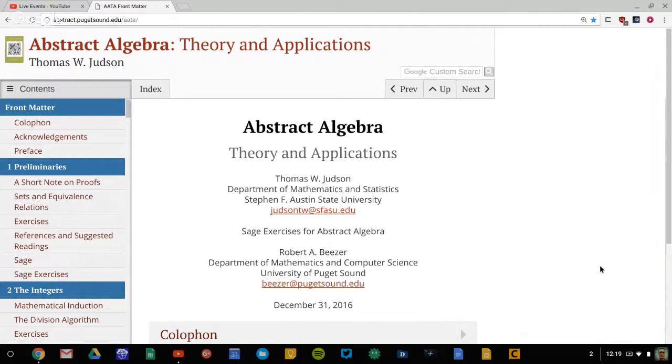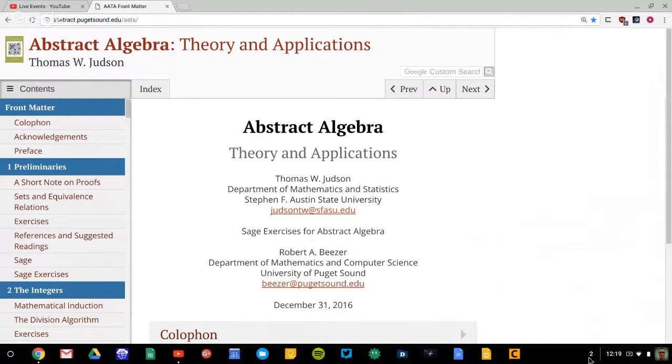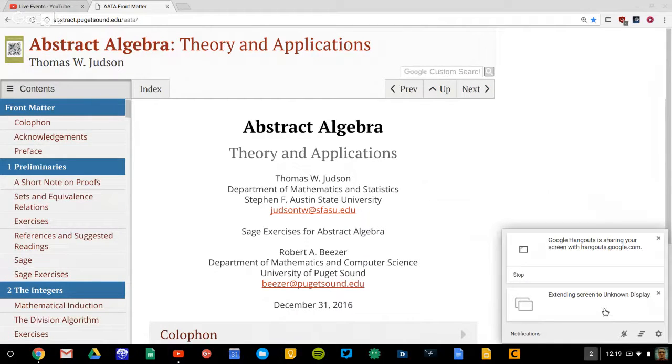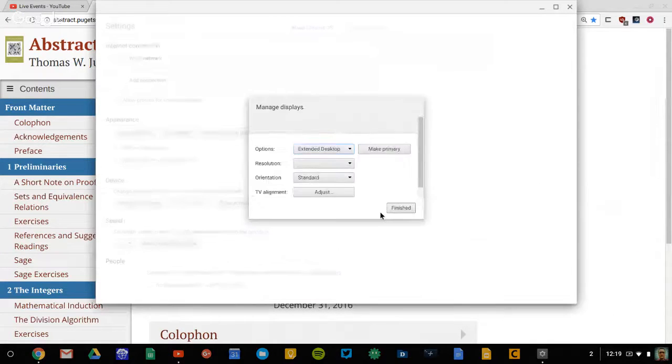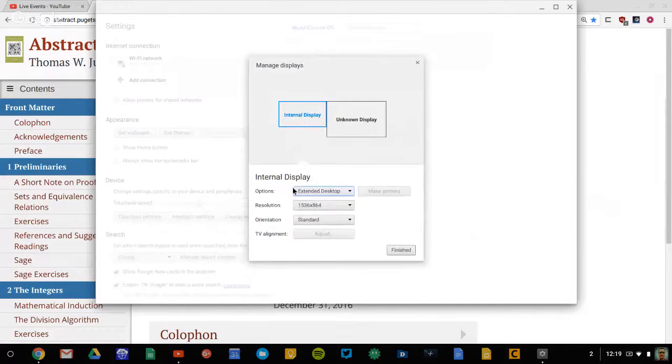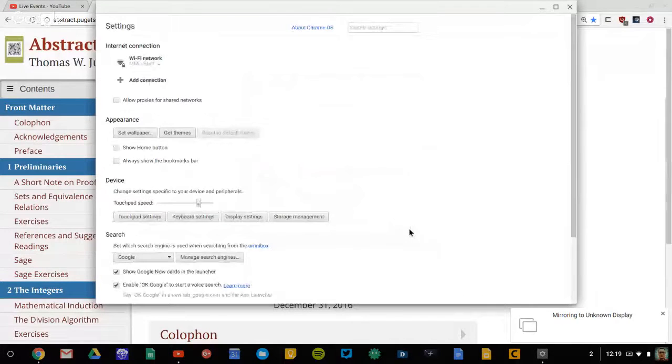Mirror instead. Where's it gone? Mirror extending. Good, we're back.